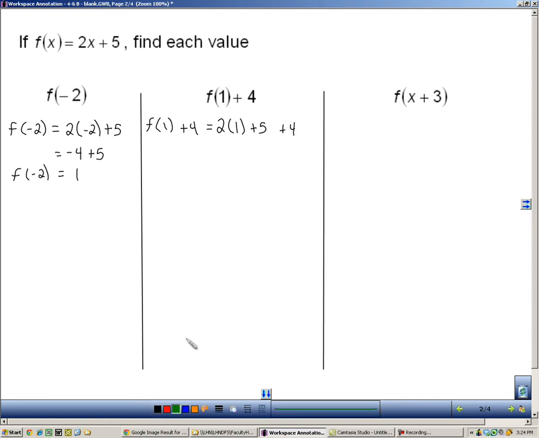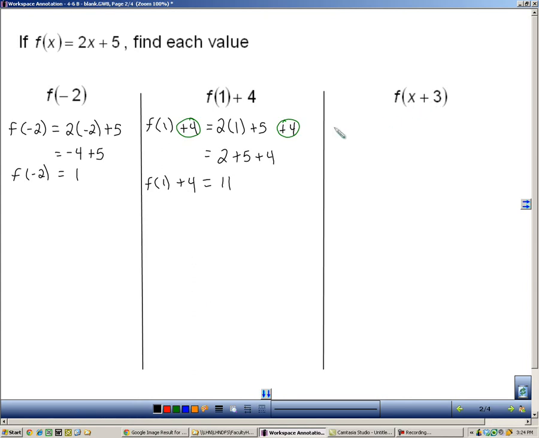And maybe I'll even put a circle around that to show you that that plus 4 comes at the end of our function. f of 1 represents all this stuff, my function 2x plus 5 with a 1 put in its place. So now do algebra. 2 times 1 is 2, plus 5 plus 4. That's 7 plus 4, which is 11. So f of 1 plus 4 equals 11. When I plug a 1 in, I get an 11 out.